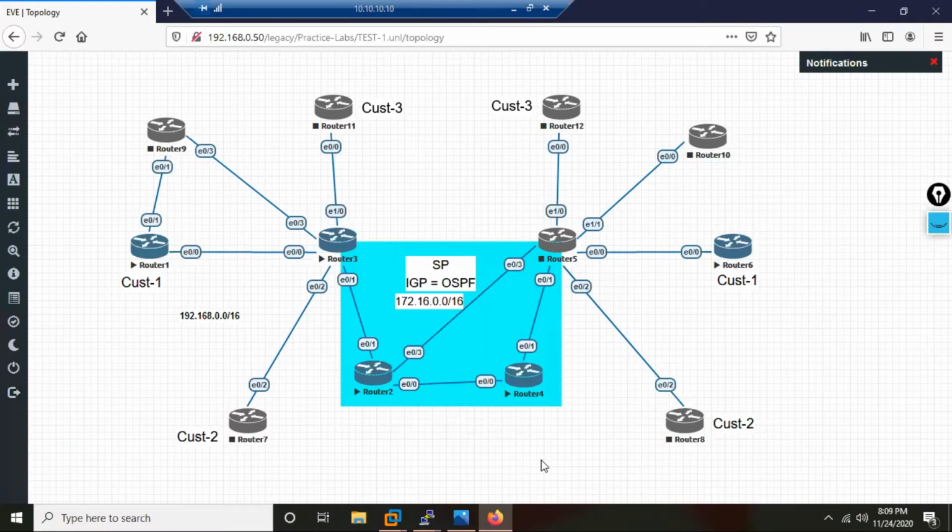So we have seen how to do basic MPLS, how the service provider does the basic MPLS. He just enables LDP on all the links in the network, and then LDP forms and establishes neighborships. LDP generates the list of labels for the static or IGP routes, and then LDP exchanges the list of labels and creates the LIB table.